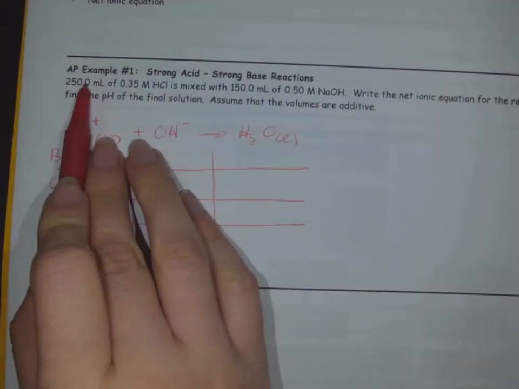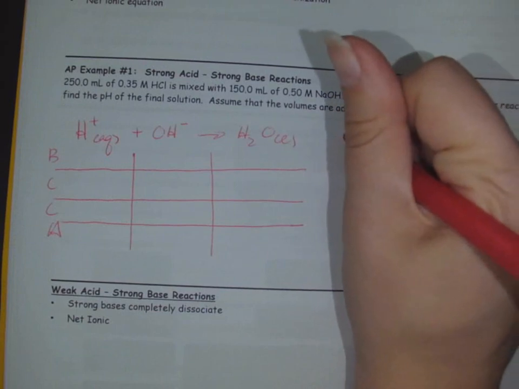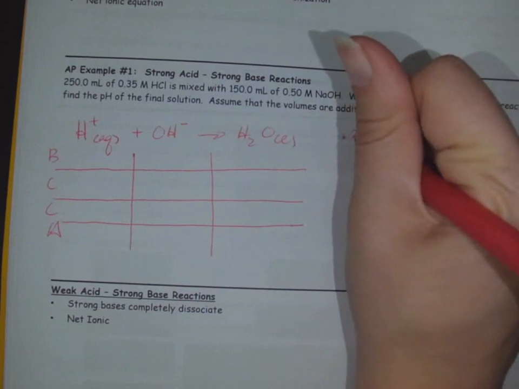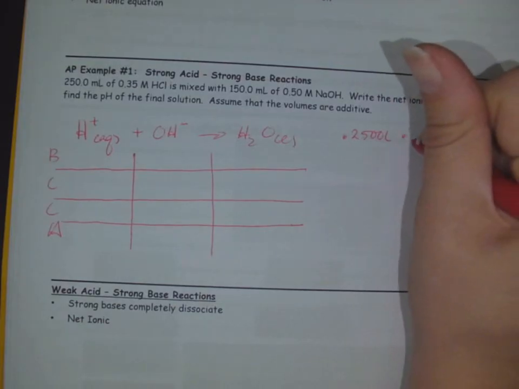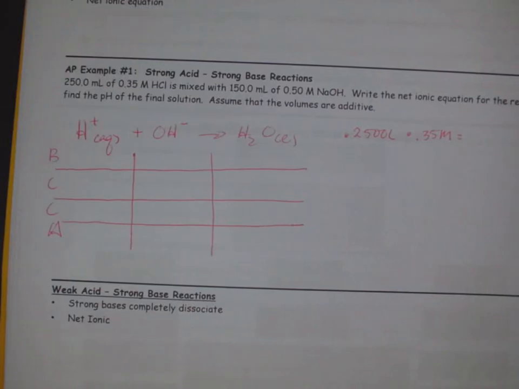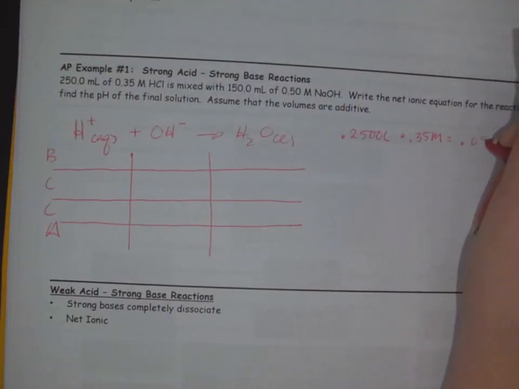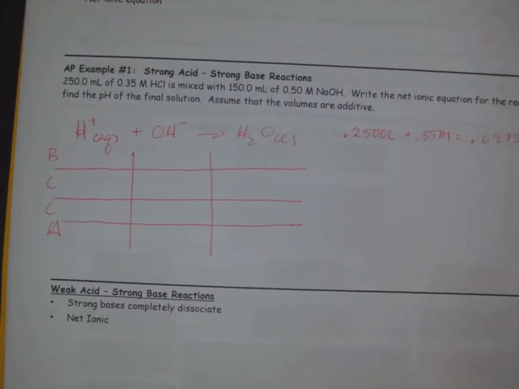Something we've done quite a bit: whenever you see a volume and a concentration, your mind should be thinking moles. I'm going to take this 0.2500 liters times 0.35 molarity, and that's going to tell me the moles of the HCl. 0.25 times 0.35, so we have 0.0875 moles of our hydrochloric acid.